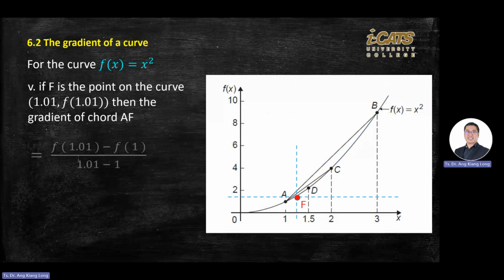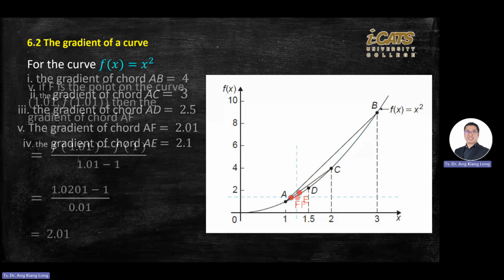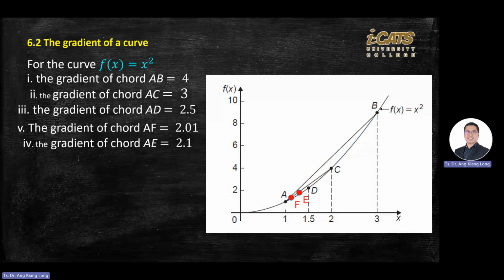As you find the gradient of a chord very near to point A, you get these values: 4, 3, 2.5, 2.1, and 2.01. The AE should be after AD, but you can see the value is dropping.